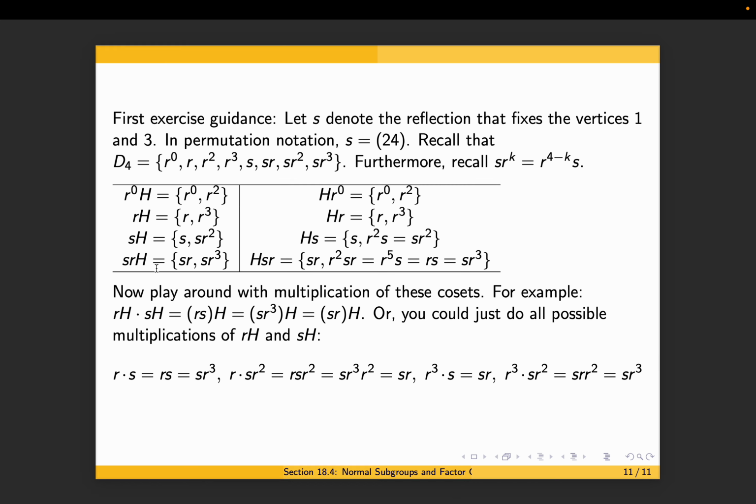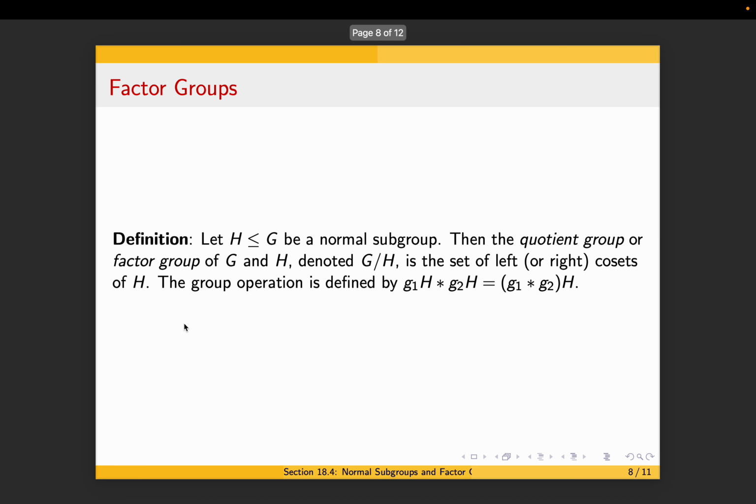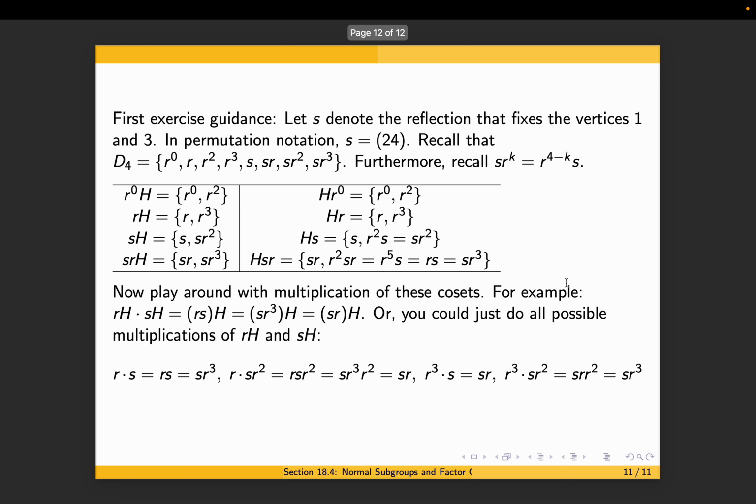And so one way you could think about it is just definitionally. So where's my definition? It says if you want to multiply 2 cosets, just multiply the 2 group elements here and see what coset you get off of them. So like RH times SH, just multiply the 2 group elements, RS. Okay, well, what is RS? It's not on my list up here, so I'll make it appear on my list. So RS by this formula is the same thing as SR cubed.